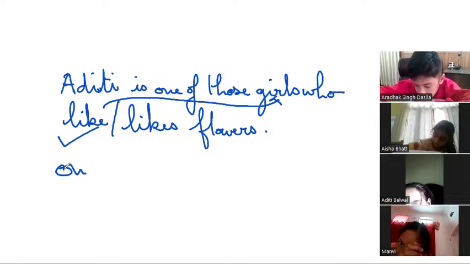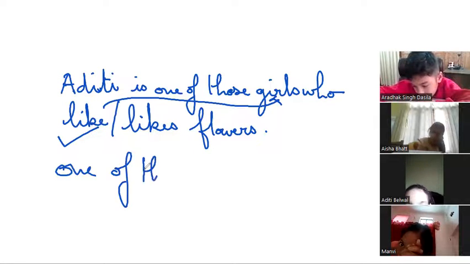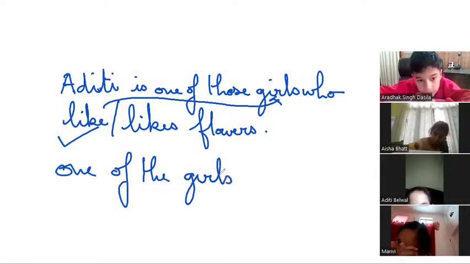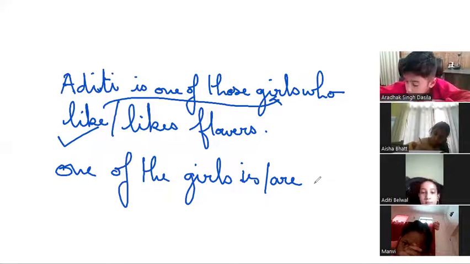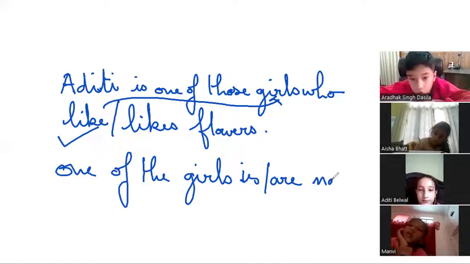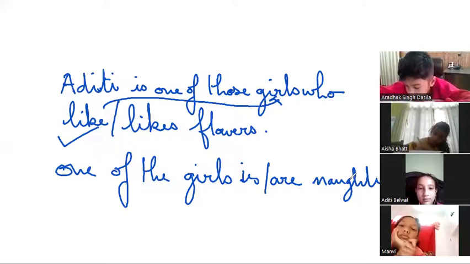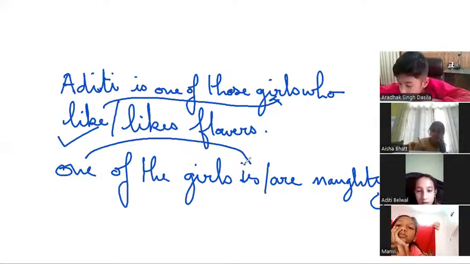If I say one of the girls is or are naughty, let's say. So out of many girls, how many are naughty? One. So the verb will agree with the one.